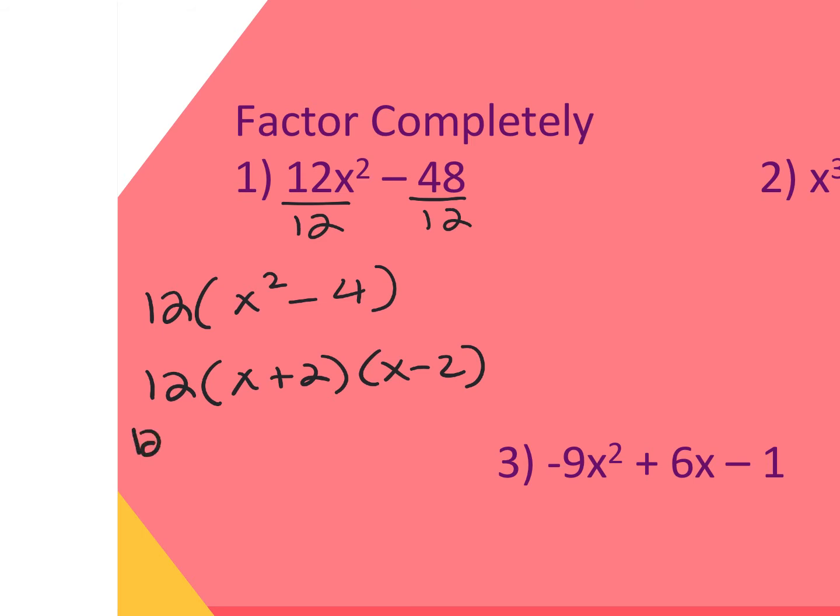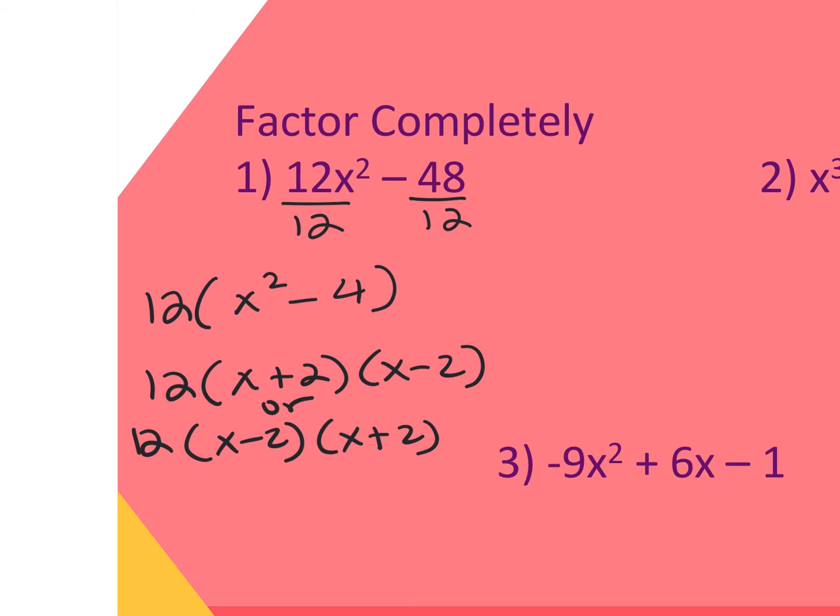If you would prefer to put the x minus 2 first and then the x plus 2, it doesn't matter the order. But do not forget to keep bringing down that GCF, because if you forget it in the final answer, chances are you're going to lose some points.